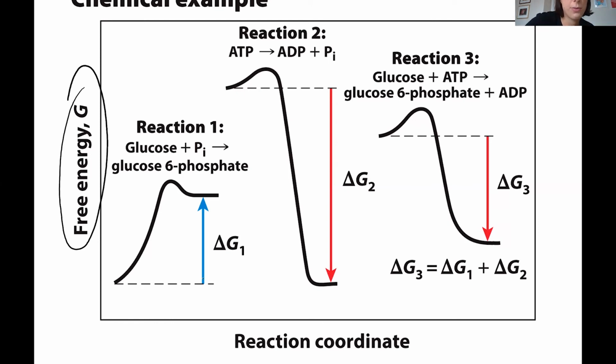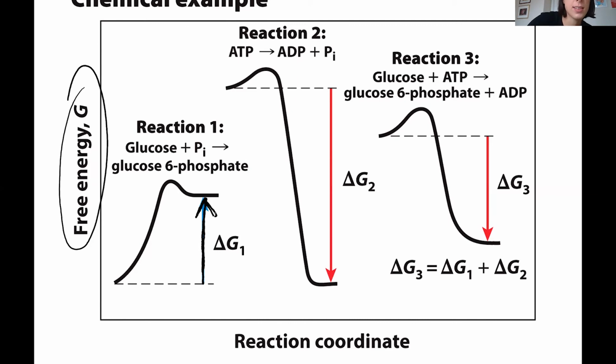So if you have a change in energy that is high like this, a positive delta G, it's like going up a hill. It's hard to get there. It's hard to go from low energy to high energy.